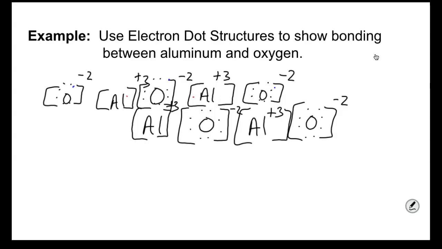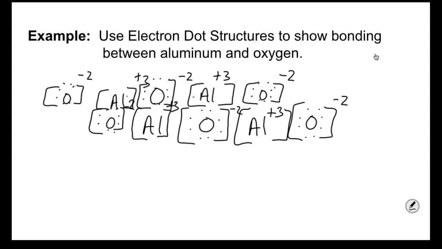So I've got 1, 2, 3, 4, 5 negatives. That looks like I've got a -10. My aluminums, I've got 3, 6, 9. I've got a +12. I have to get these charges at 0, so it looks like I have to add another oxygen. So I'm going to add another oxygen out over here. And remember, that's the -2.